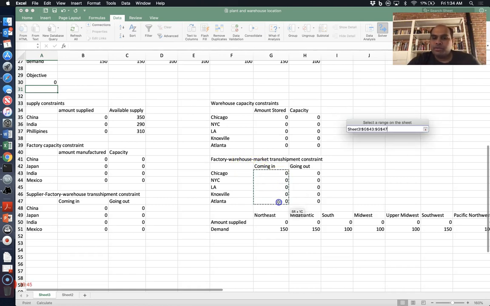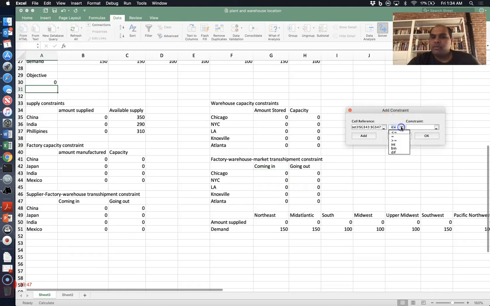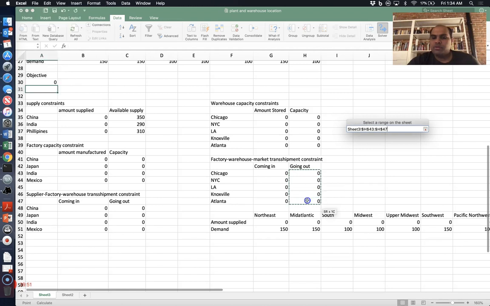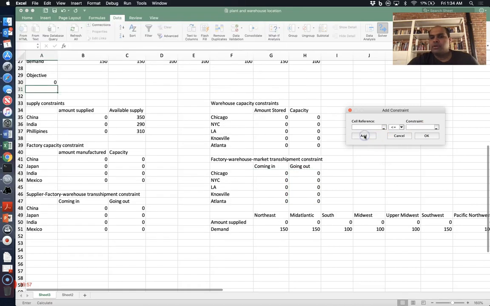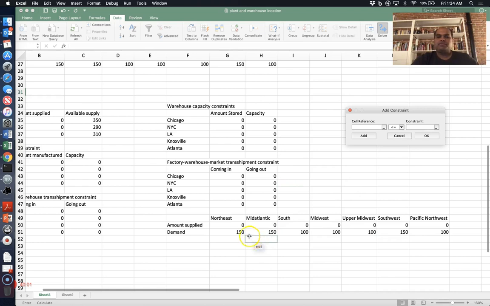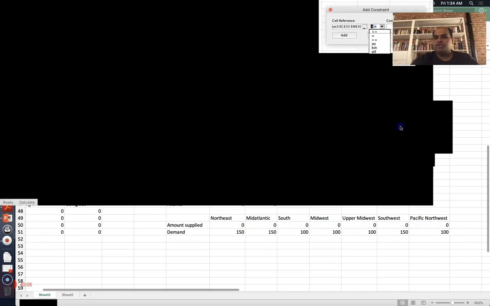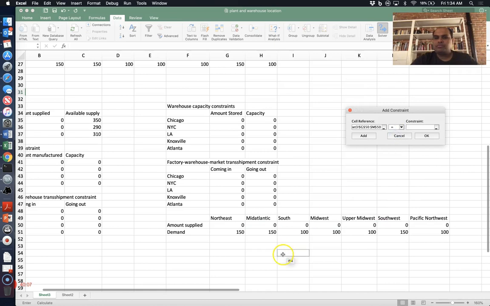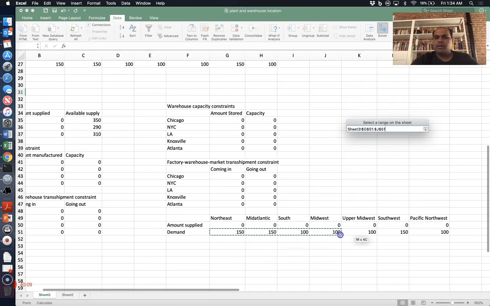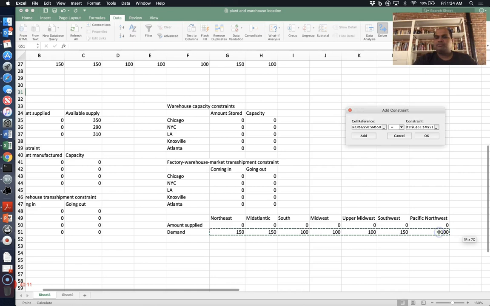So everything coming into the warehouses should be equal to everything going out of the warehouses. Click on add. And finally, we have the demand constraints. So everything supplied should be equal to the demand values.